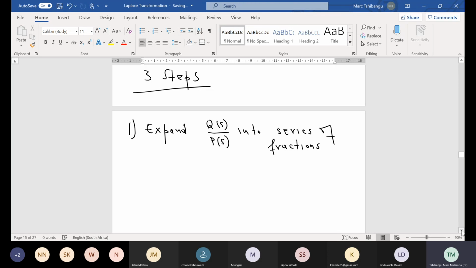So first step, expand Q(s) over P(s) into a series of fractions. And how do you do that?